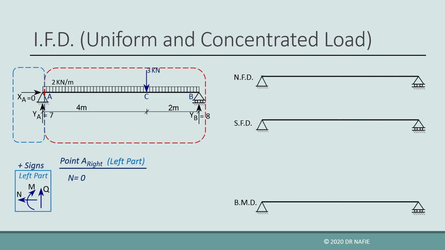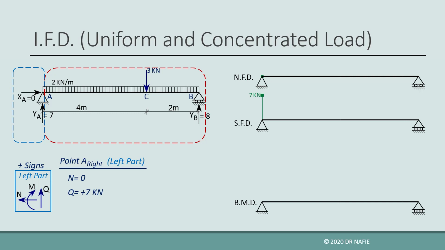Because the beam is not subjected to any horizontal force, the normal force will be 0 for the whole beam. The shear force will be the sum of all the vertical forces in the left part. For this point, we only have one vertical force, YA, which is equal to 7 kN, so the shear force will be positive 7 kN.